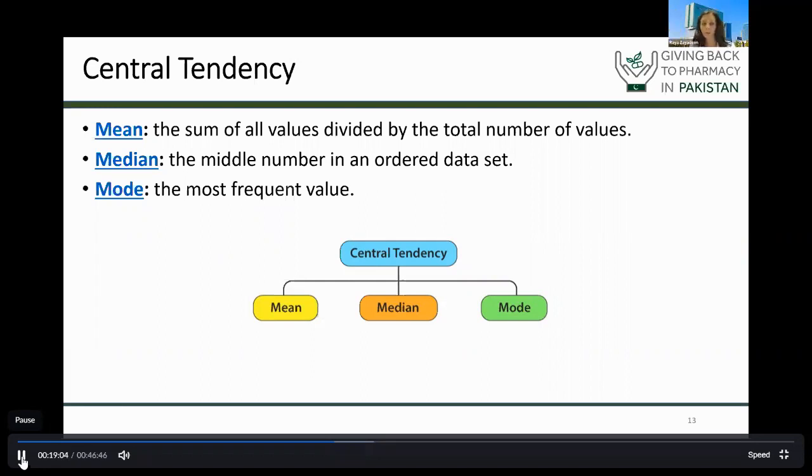The median and the mode, however, are not affected by outliers. So depending on what you're looking to represent, and whether you are concerned about outliers, your choice of central tendency would differ. But the mean still is the most frequently used.